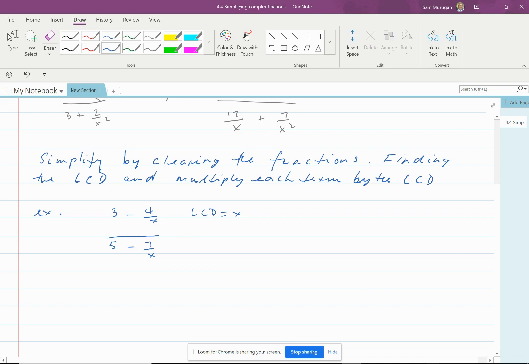So I'm going to multiply every term by the LCD, x. So 3 times x minus 4 over x times x, divided by 5 times x minus 7 over x times x.